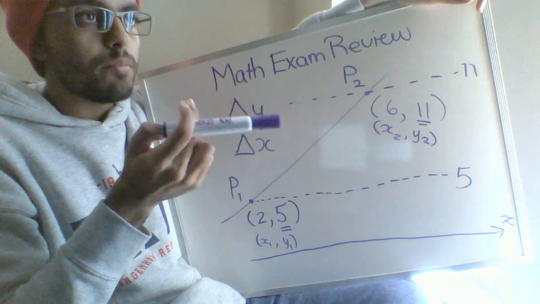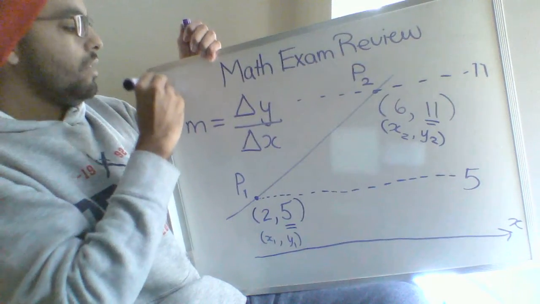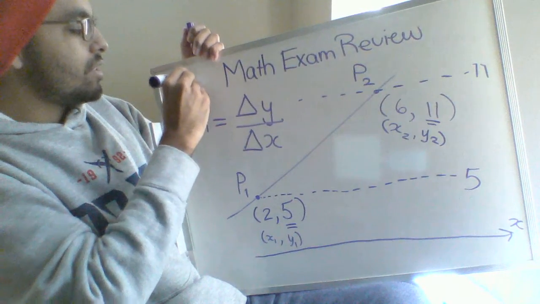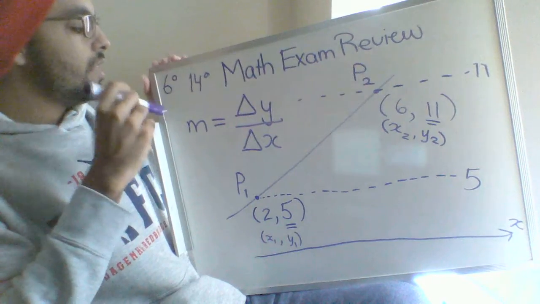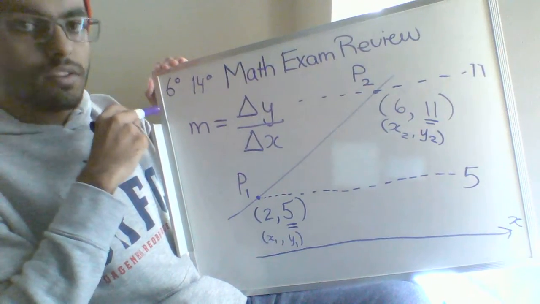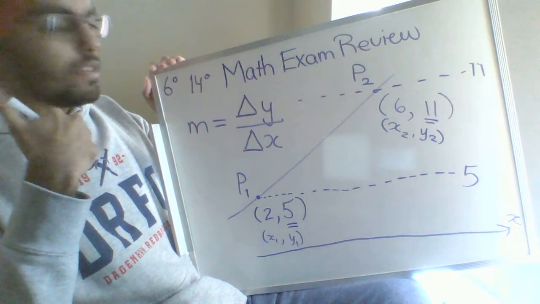For example, if it was 6 degrees in the morning and 14 degrees in the afternoon, then the change in temperature is the difference between 6 and 14. In this case, the change was 8 degrees.